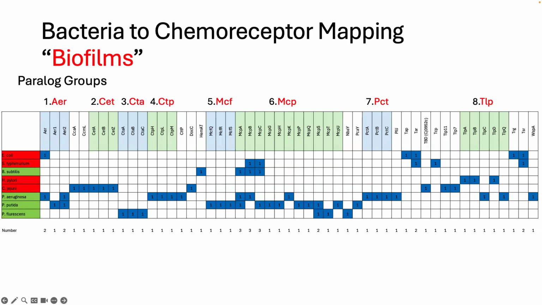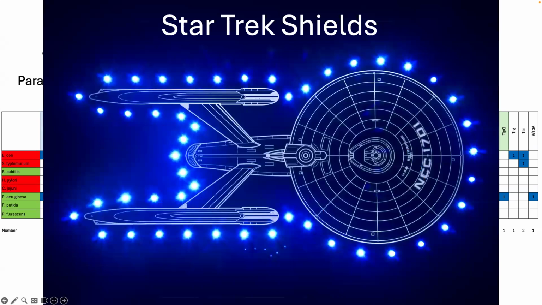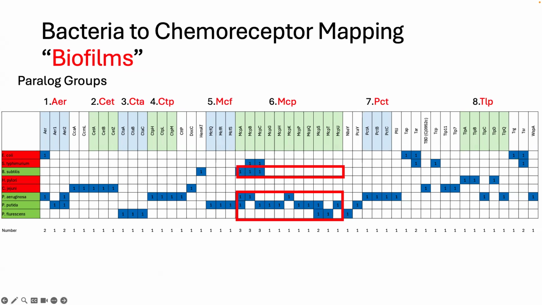Biofilms, I always like this one. And if any of you are Star Trek fans, this would be maybe something that you're familiar with. And I think of biofilms as like the Star Trek Enterprise putting on its shields. And so these are the ones that would be applying there. So four of them actually have biofilms. And what is common between all of those? Well, actually, there isn't one.